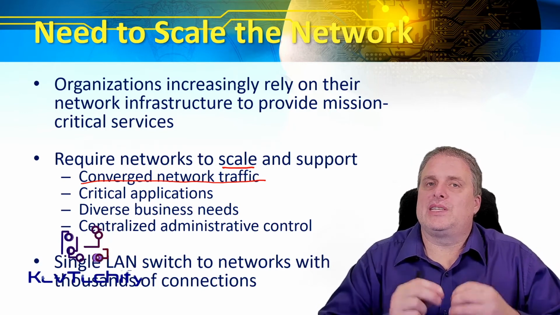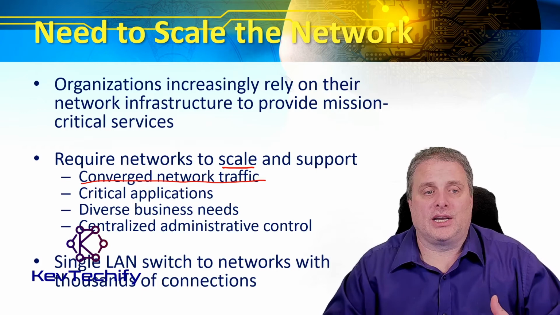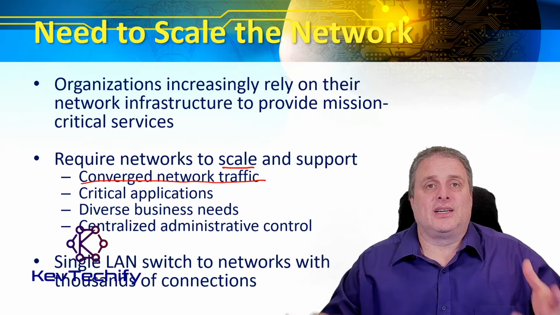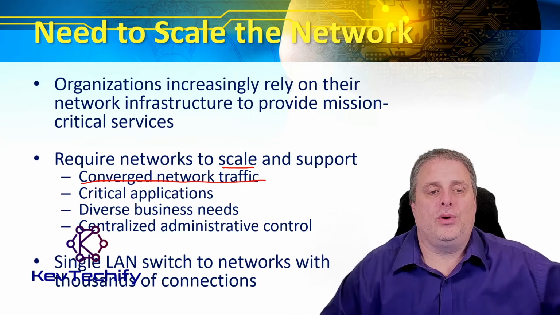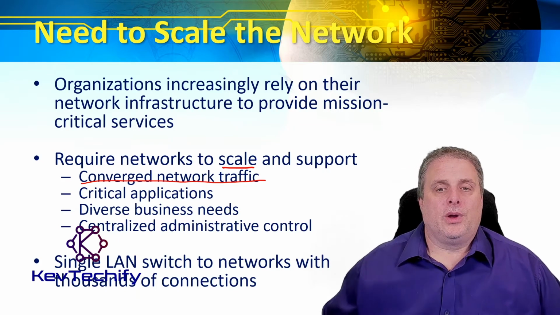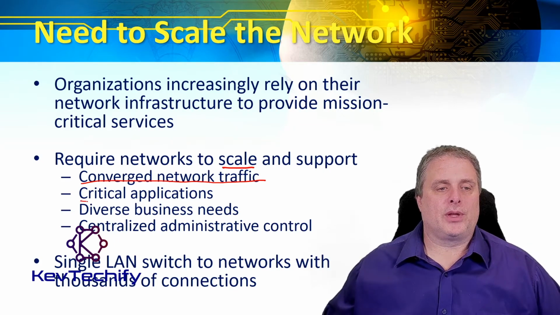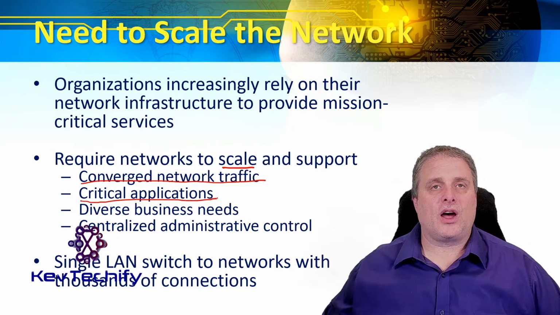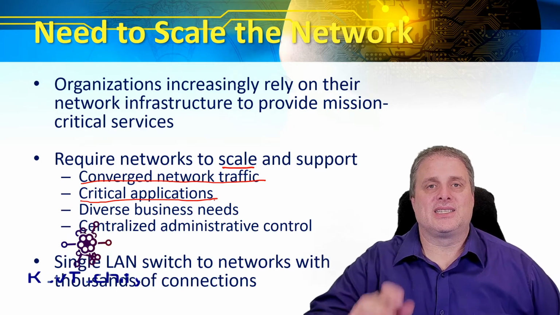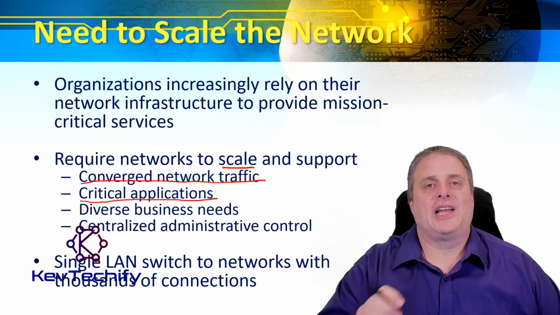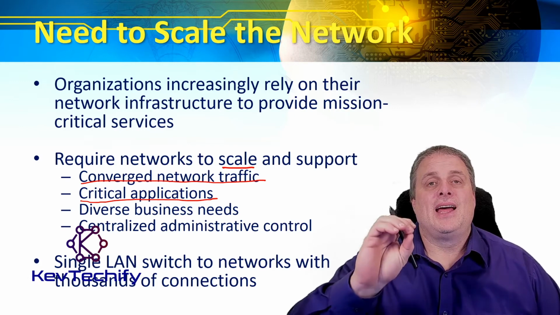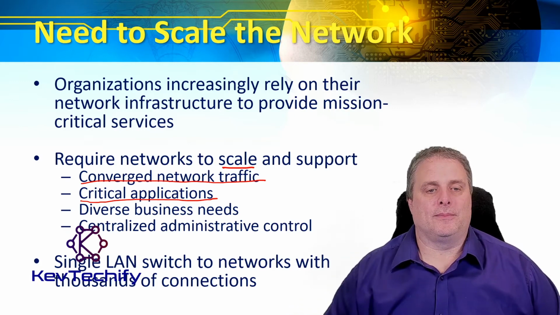IP necessarily doesn't care what you are transferring across there, so all of this data is converged into that one protocol. We also need to support these critical applications, so you have to understand the software, how to access this information on your network and provide access to those people who need it.